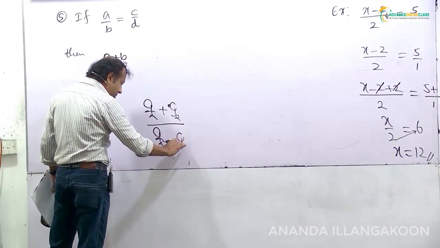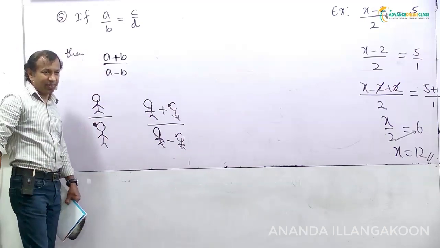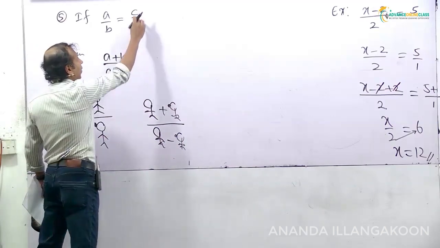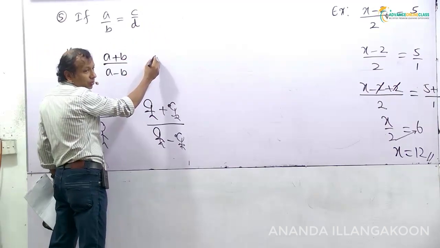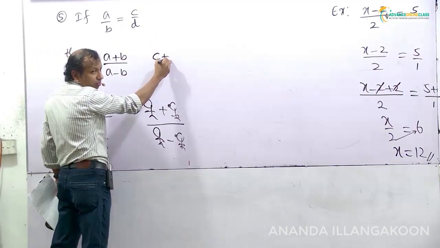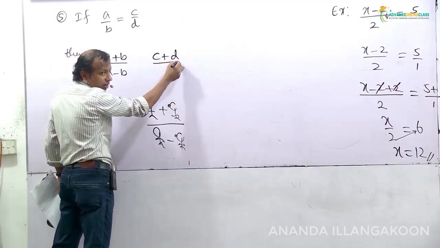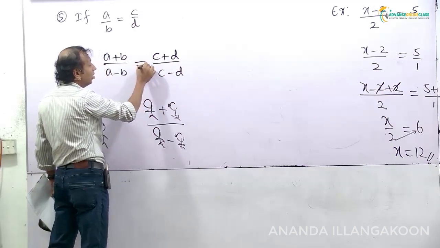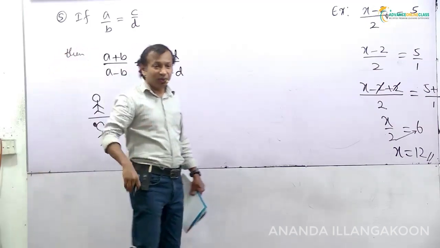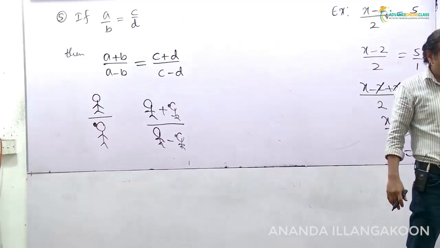Boy minus girl. That's what one side we write. Then tell me the right hand side for C over D. C plus D divided by C minus D. These two are equal. That is the fifth rule under proportion. That is fifth rule. Right?